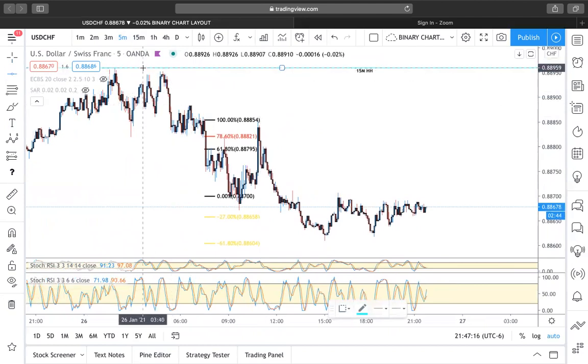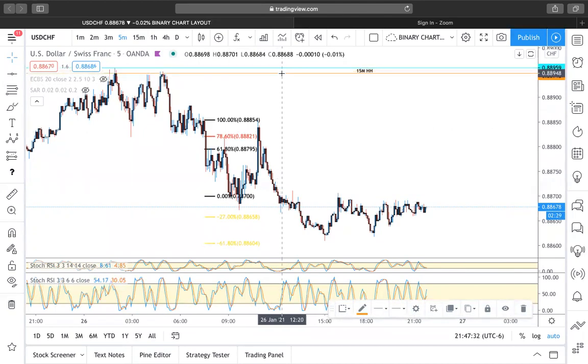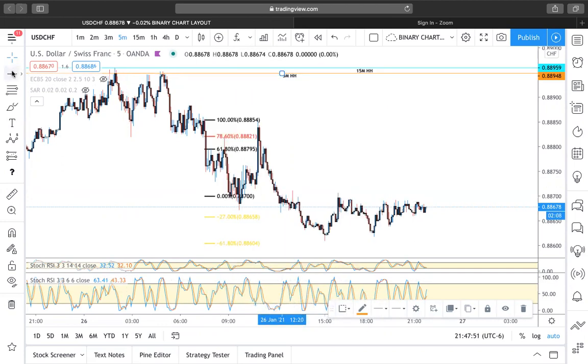All right. So still the same thing, right? Oops. Make that orange. I'm actually going to make this one candle to candle. Okay. This is a 5-minute higher high.